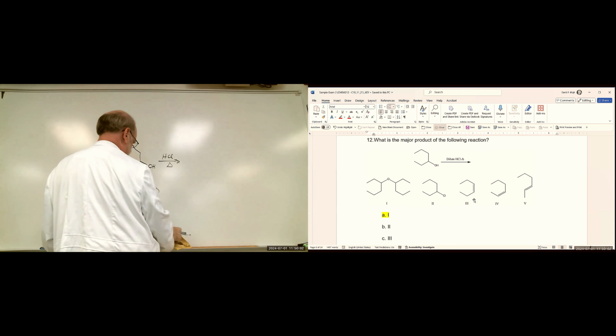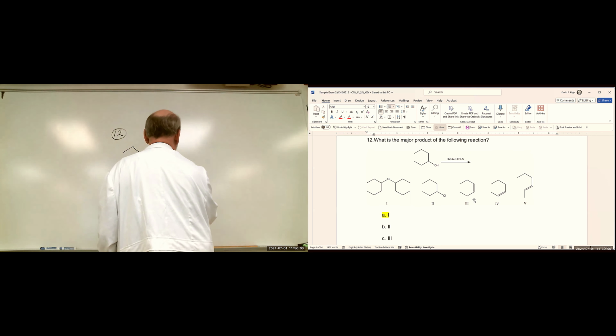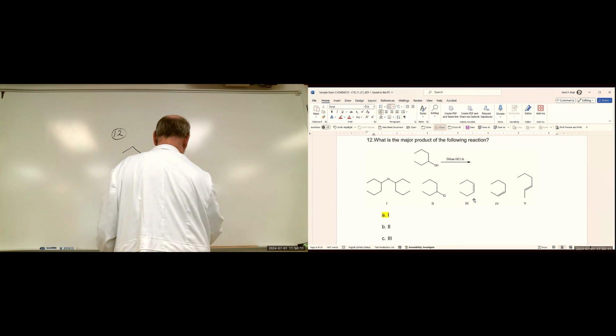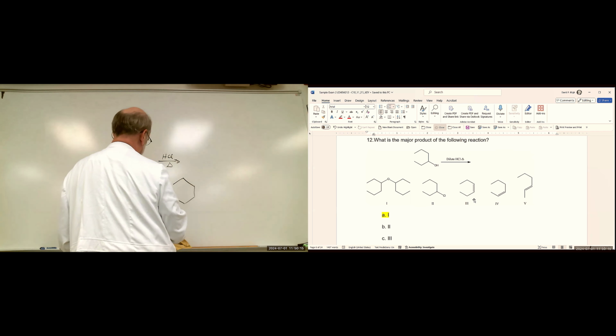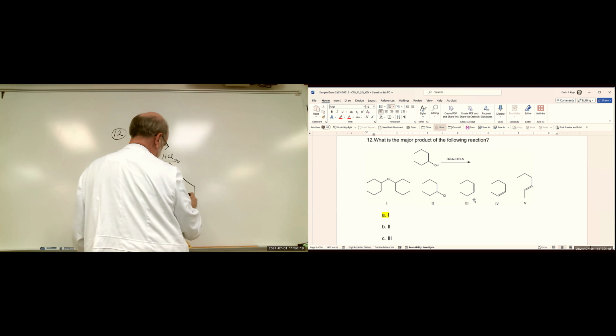Well, maybe that's true. What's the other possibility? The other possibility is for that chloride to do something. So could the chloride attack this carbon because of that oxygen?